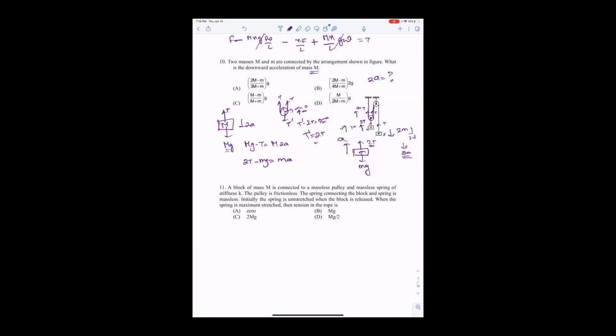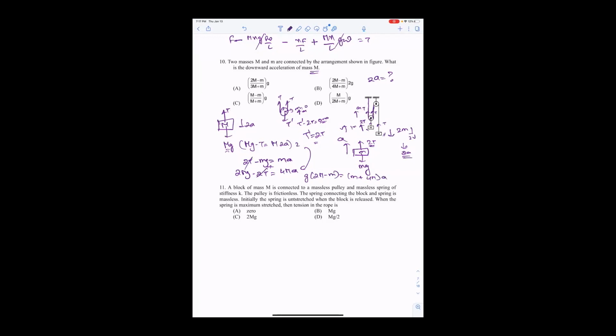Now for acceleration, I have to eliminate tension. So I multiply this by 2. When I multiply this by 2, 2 capital Mg minus 2T is 4 capital Ma. If I add these two equations, 2T gets cancelled. So if I take g common, 2 capital M minus small m into g is small m plus 4 capital M into a.